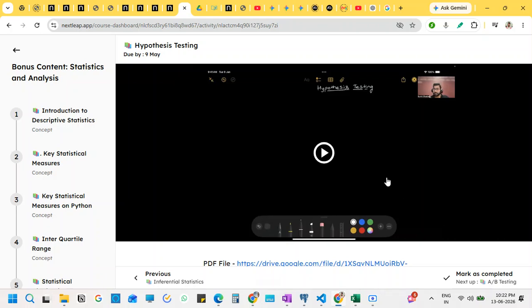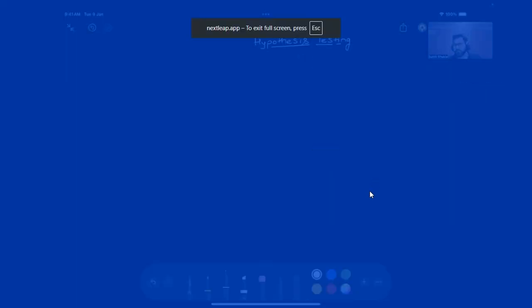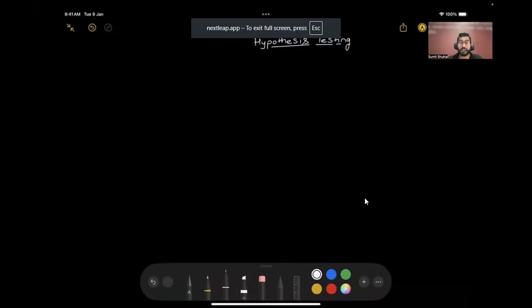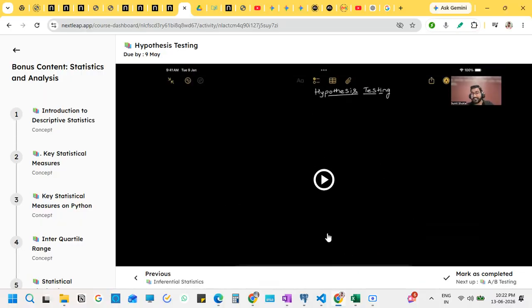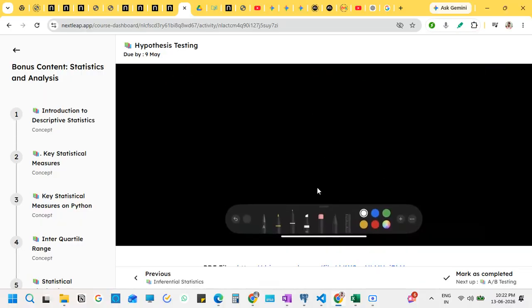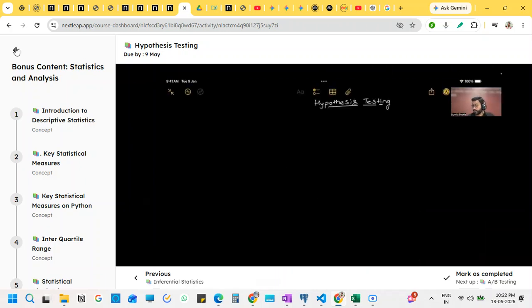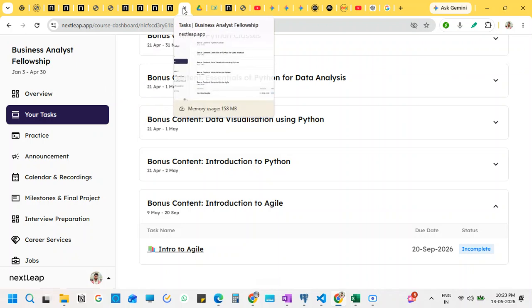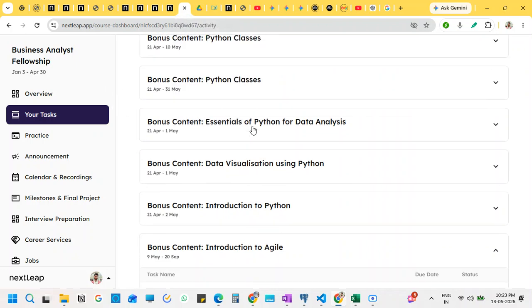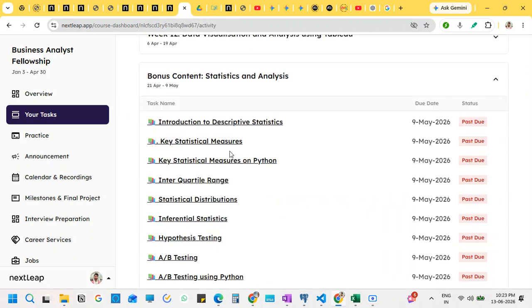And then we will be able to understand why we actually need hypothesis testing. So let's try to understand why, or what is hypothesis testing.